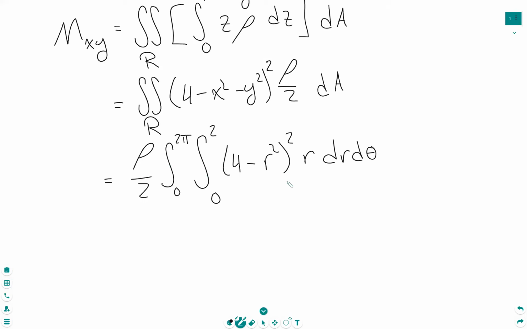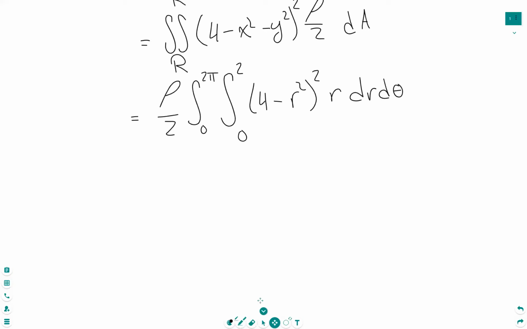Okay, so we could do this out. We could FOIL all of this, but that's a lot. I'm actually going to do a u substitution here, where we do a u sub for this quantity. You could just FOIL it out. That's also fine.